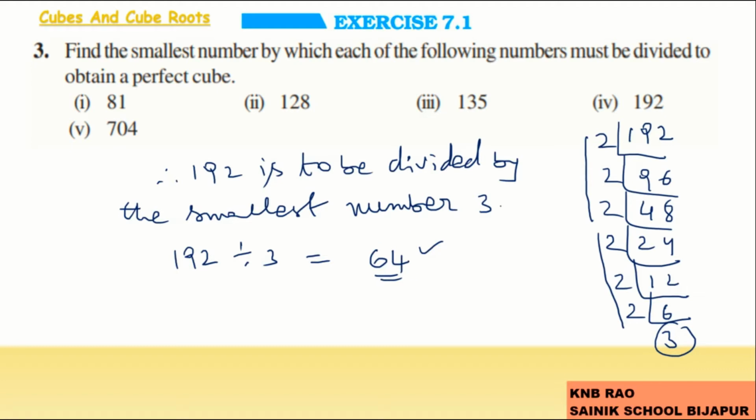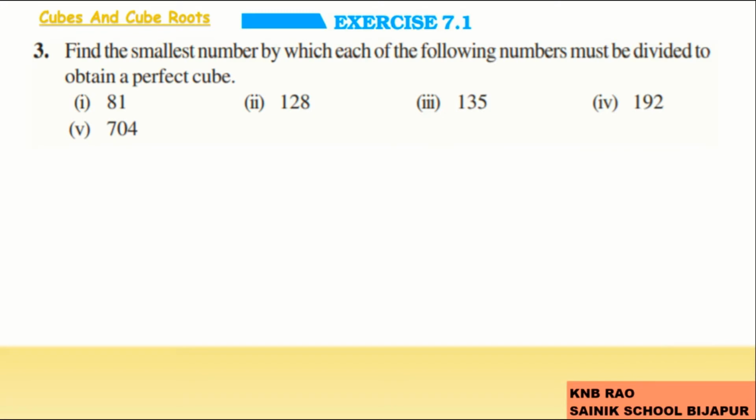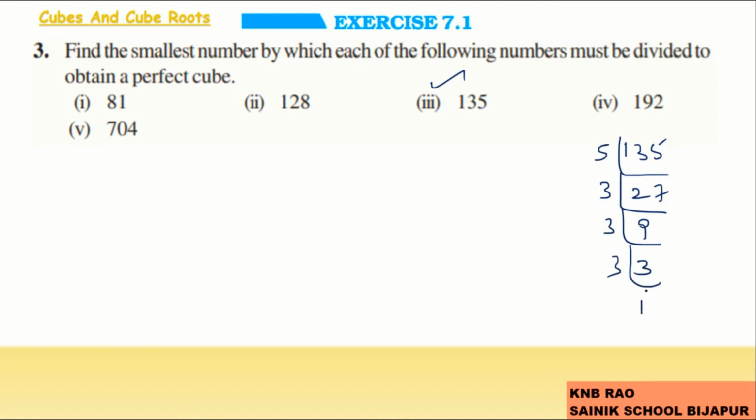Now let's go for solving one more question. Let's say here 135. If I take 135, after prime factorization, 5 2s are 7s are 3 9s are 3 3s are and 3 1s are.